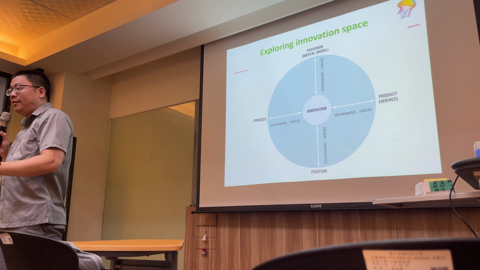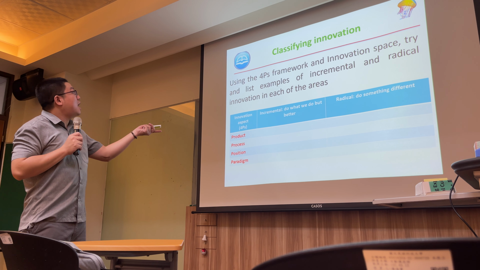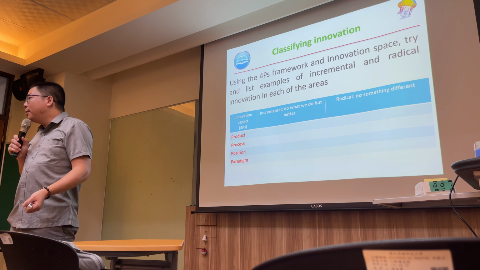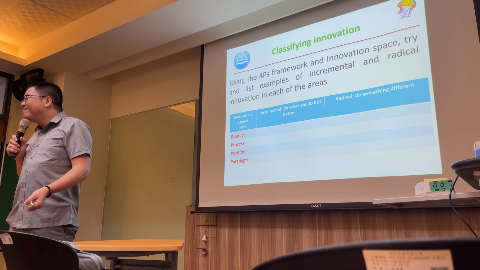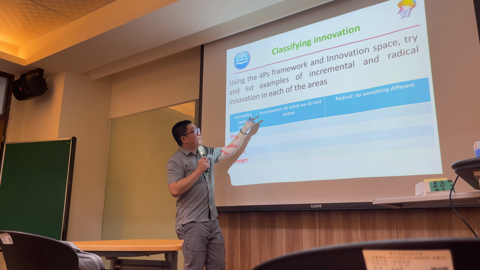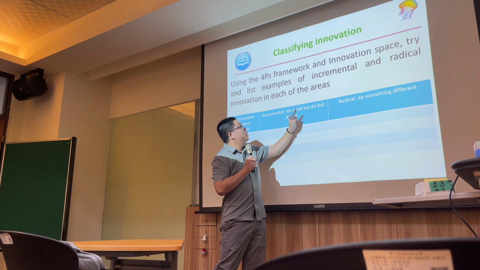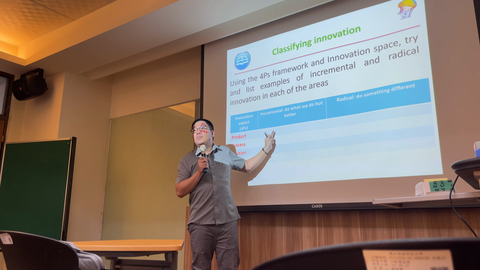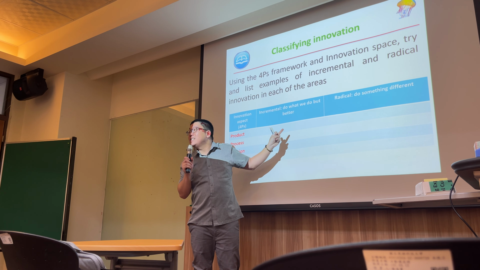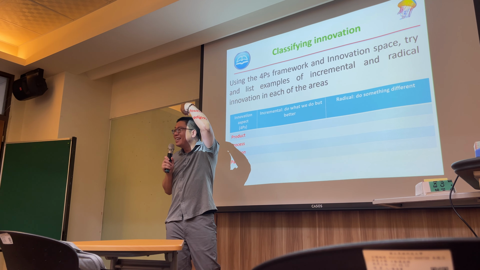And now work in groups. For each type, give me at least one example. For example, product, incremental: do what we do but better. Give me some examples. Real world case, real world example, not an example you think up.